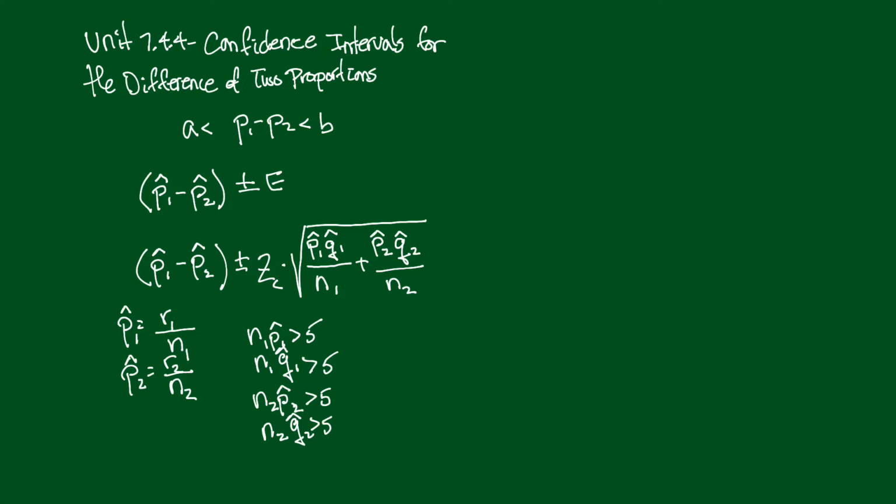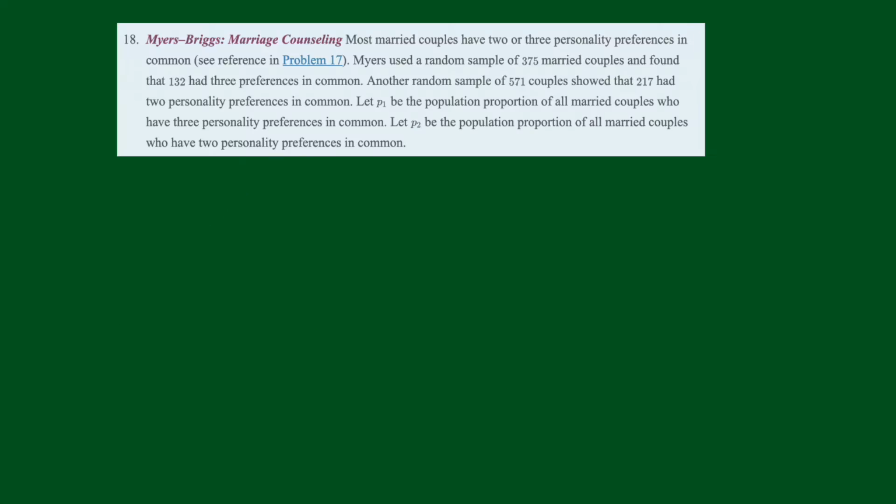If all those conditions are met, that gives us a pretty good normal curve for population proportions.